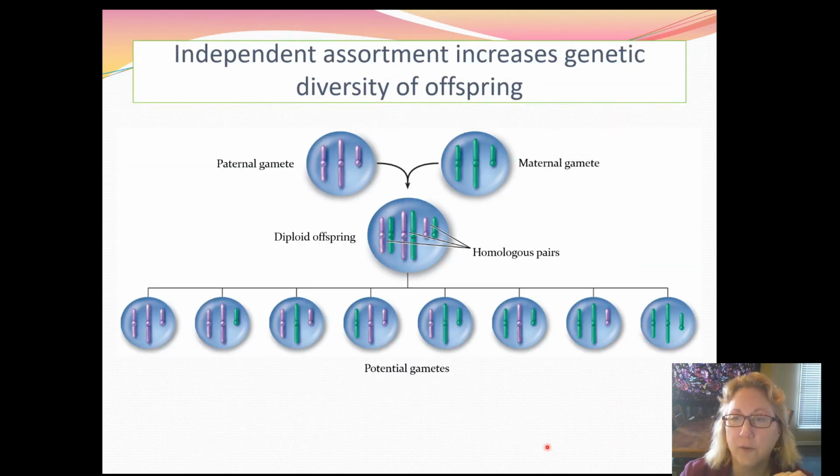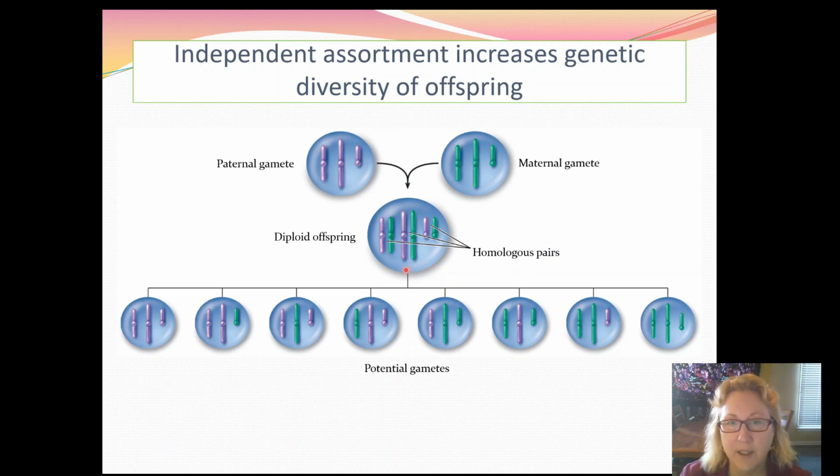Okay, so let's look at how independent assortment of the chromosomes increases genetic diversity. Here we have a species that has 3 pairs of chromosomes. So that means the gametes each have 3, the n number is 3, and then the diploid zygote is going to have 6, or 3 pairs. This diploid cell of the adult is going to go through meiosis.